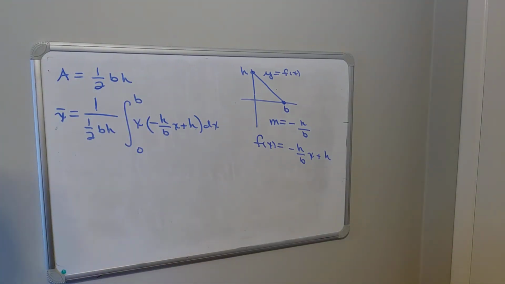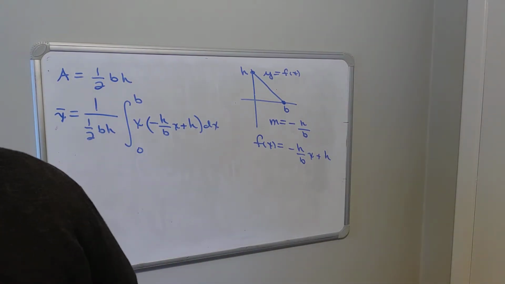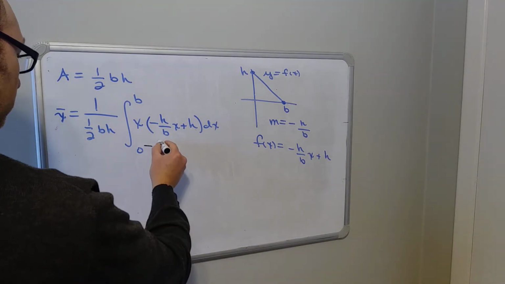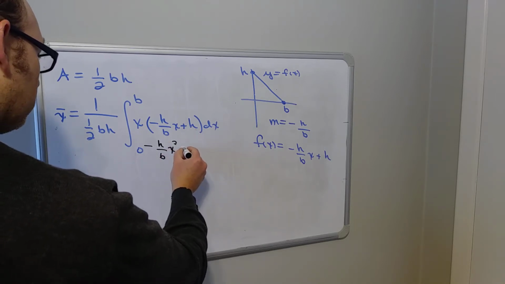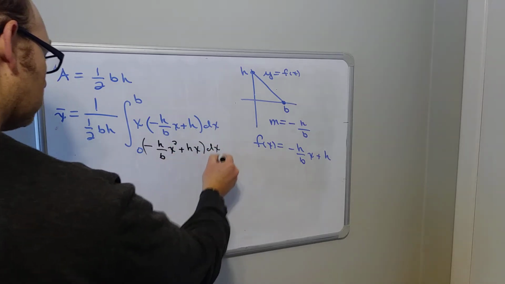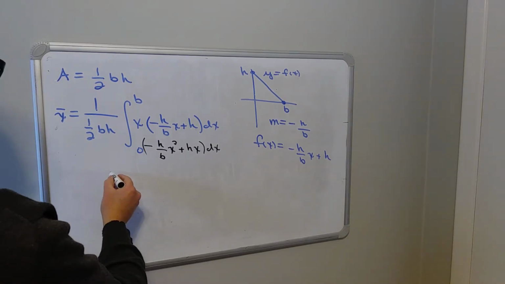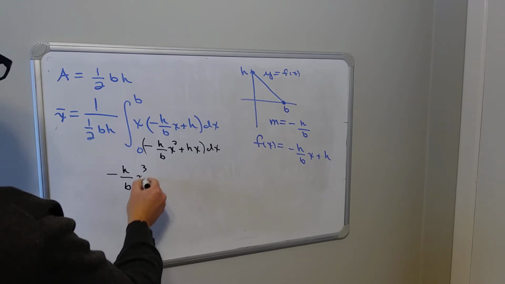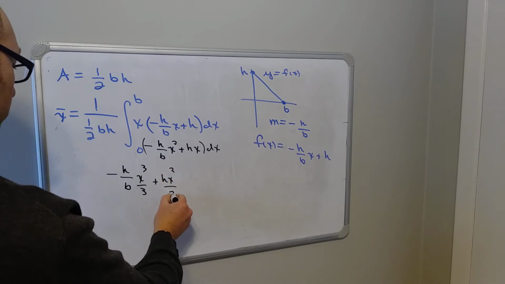Alright, so let's work it out. So let's simplify right over here. So we get negative h over b x squared plus hx dx. So integrating that, we get negative h over b x cubed over 3 plus hx squared over 2.